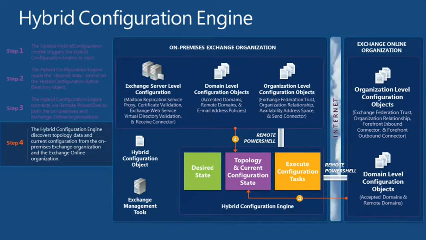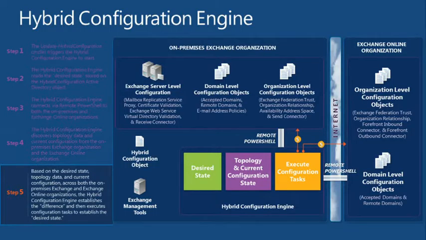So we're reading the domain objects, organization relationships if they exist, and so forth. And once we've got that topology view and a view of how the current state is, we calculate from that what's missing. So you have desired and current, and then a calculation process that says, from that, I need to execute these series of commands to make the output match the desired.